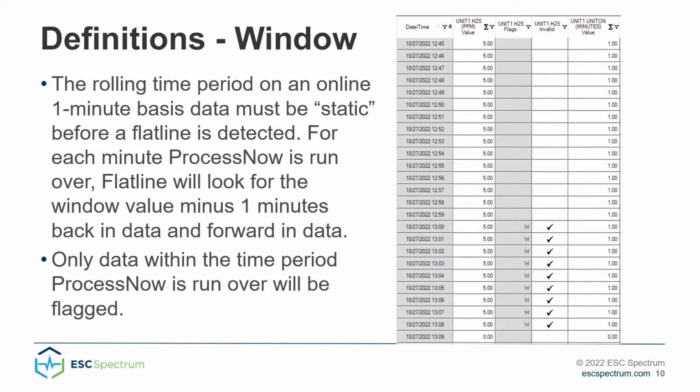But if you have a separate ProcessNow sequence that you've set up, you can schedule that to run over the 2 or 3 hours prior and make sure to capture all of the flatline data within the current data that is being processed.